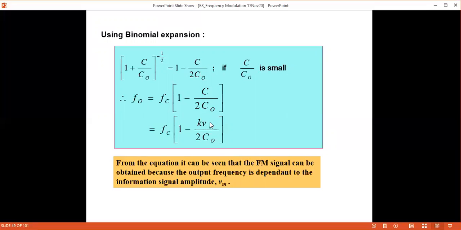If you put kVm here, this is our output frequency, where you can see from this equation that our output frequency is a function of our modulating signal's amplitude. So this is one way of showing mathematically how we can produce F out that changes in accordance with our Vm(t). Okay, I hope I'm not too fast.